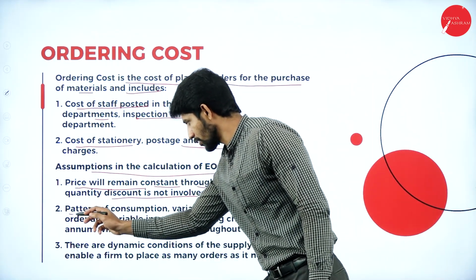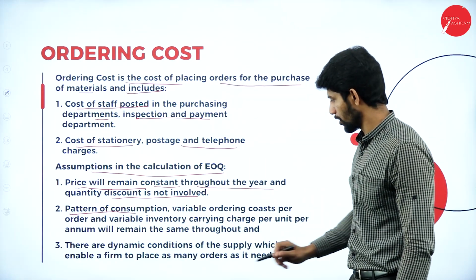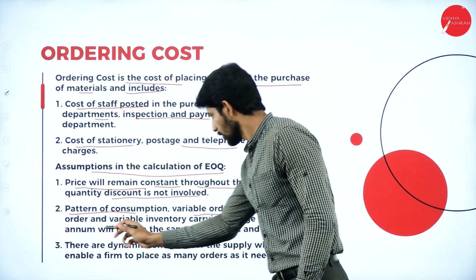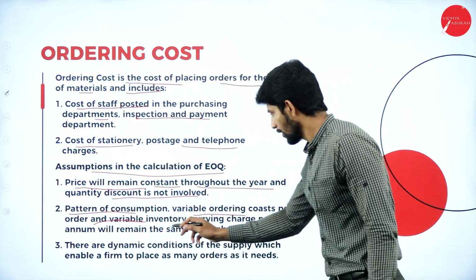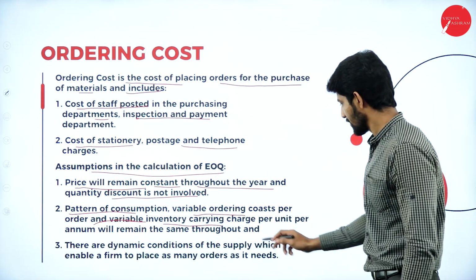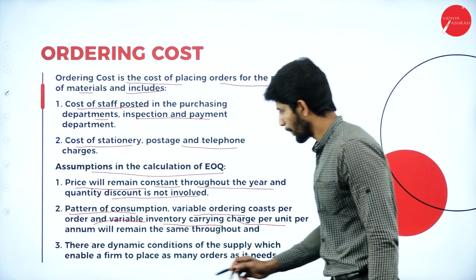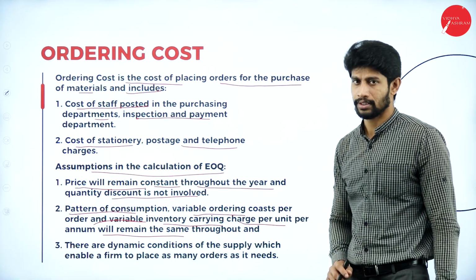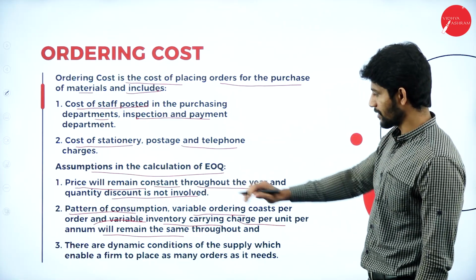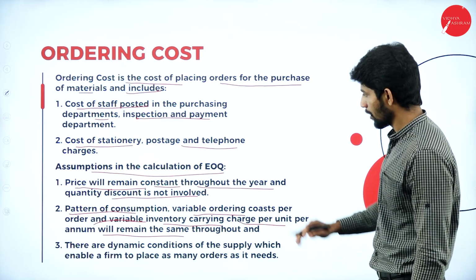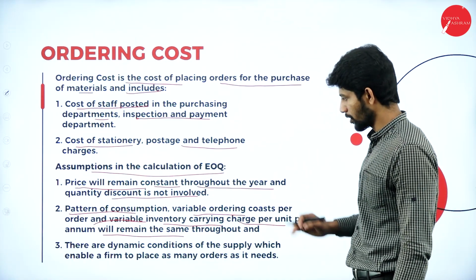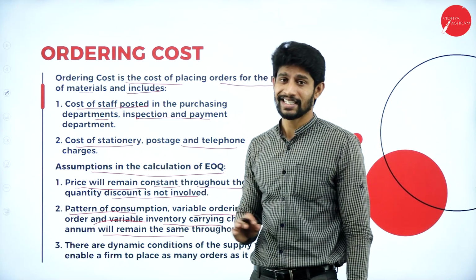Next, the second assumption is that the pattern of consumption, variable ordering costs per order and variable inventory carrying charge per unit per annum will remain the same throughout the year.